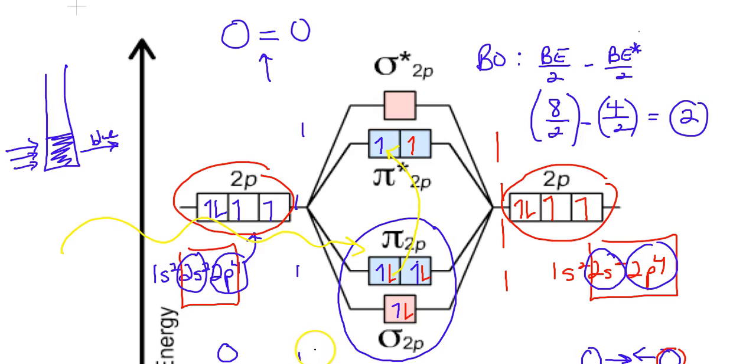All right, and so there's a gap being made between the bonding pi 2p orbitals and the pi anti-bonding orbitals. So this gap really isn't big. It looks big in my drawing, but it's big enough that it can absorb a wavelength of light, or I should say small enough, because if it's too big, wavelengths of light, which are tiny, wouldn't be enough to move this.